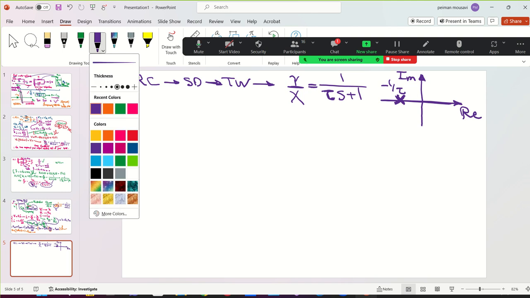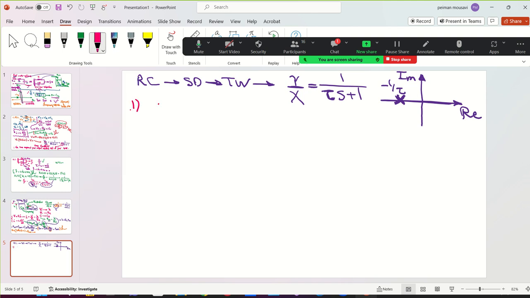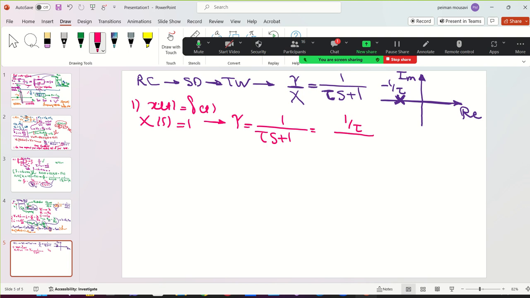Now, as I promised you, I'm going to first apply x of t as an impulse. So x of s, now you know, is 1. From here, the output is going to be 1 over tau s plus 1. Simple. But I'm going to play with this a little. I can write it as 1 over tau divided by s plus 1 over tau. Now I'm going to find the solution back in time using the Laplace inverse.